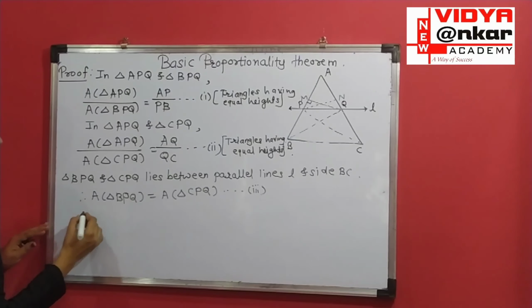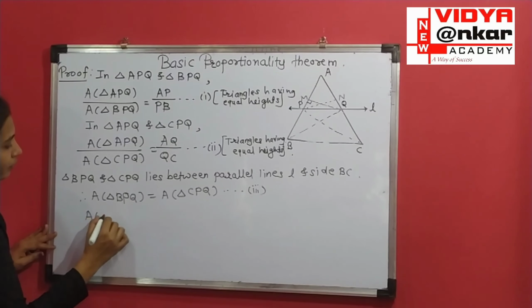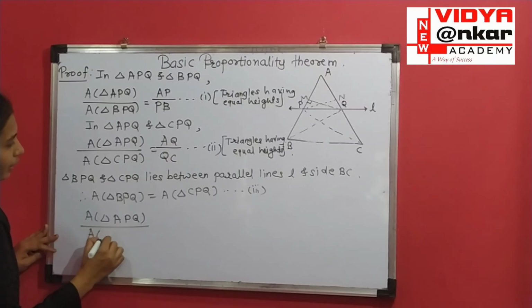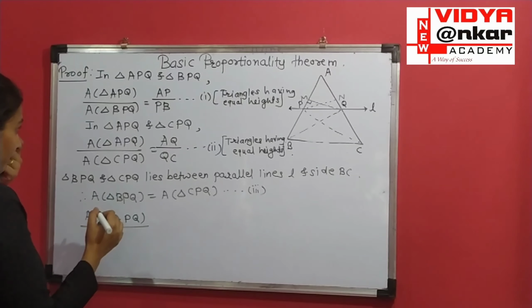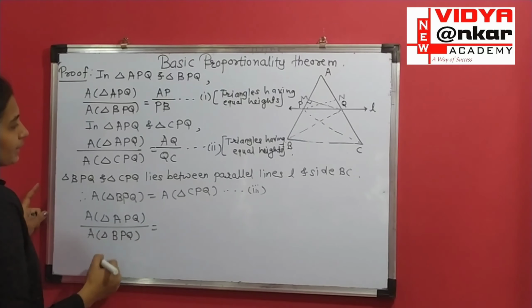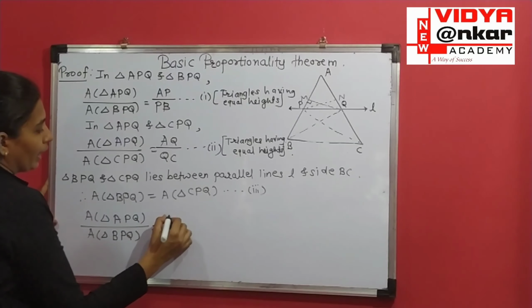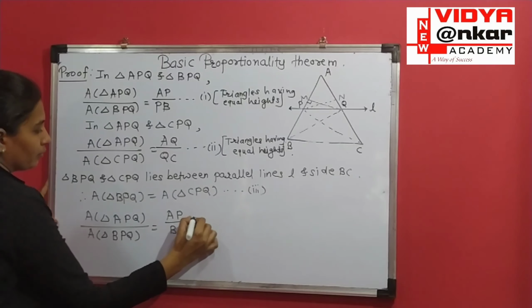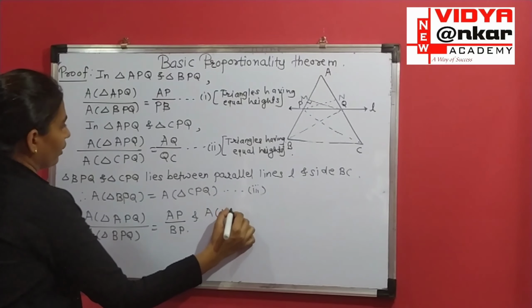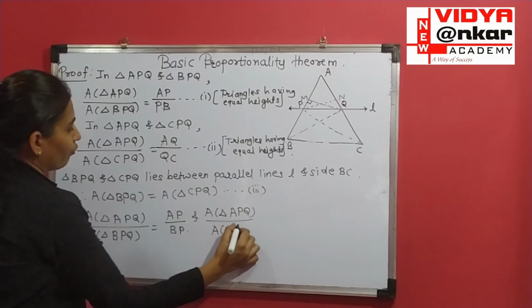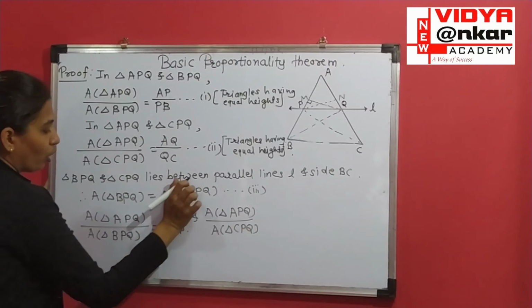So, I can write here area of triangle APQ upon area of triangle BPQ is equal to AP upon PB, and area of triangle APQ upon area of triangle CPQ is equal to AQ upon QC.